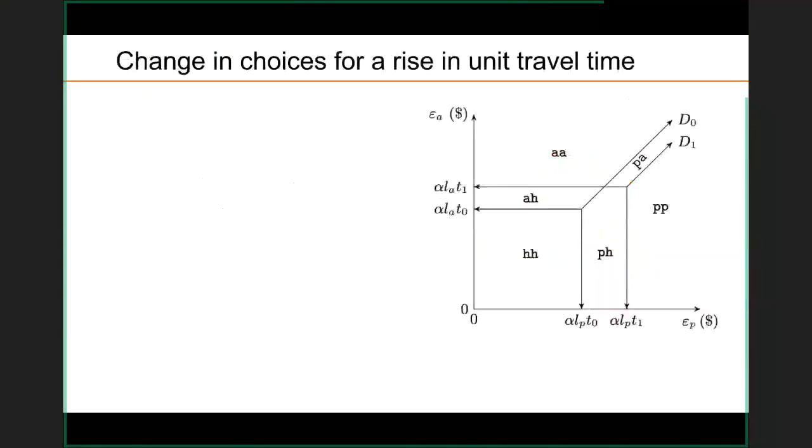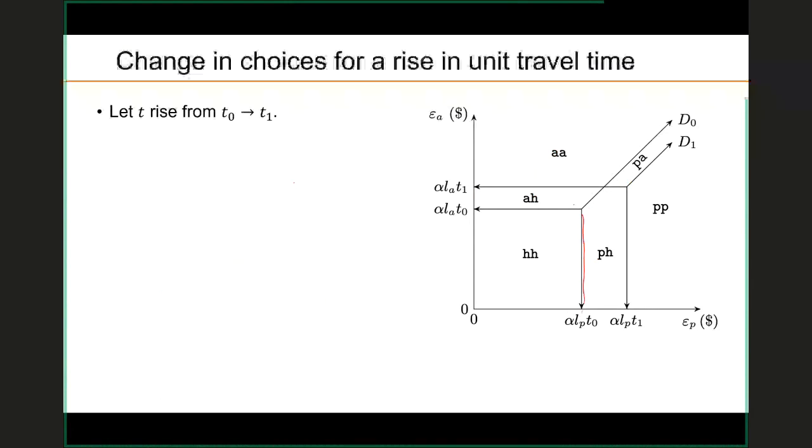So now let's do the analysis to see: is it possible for this demanded traffic flow to rise as the travel time index rises? Let T rise from T0 to T1, just two arbitrary values. Then we just do that mode split diagram that we did in the previous figure, twice.